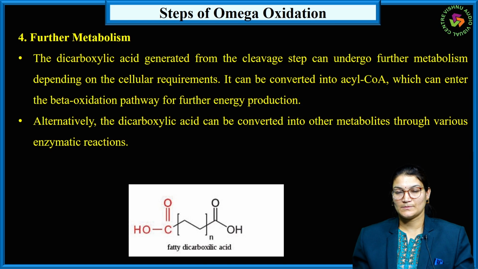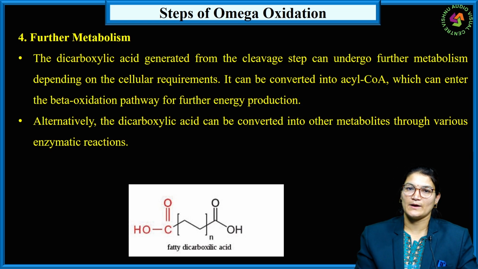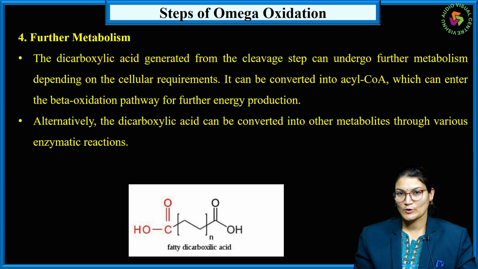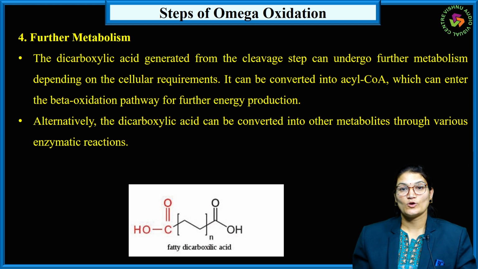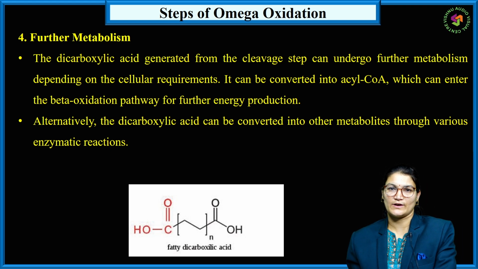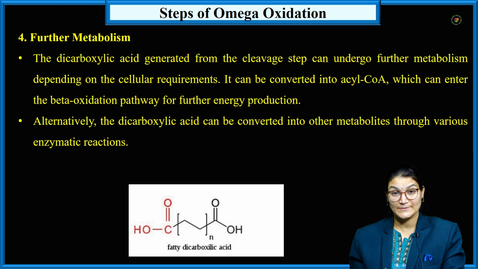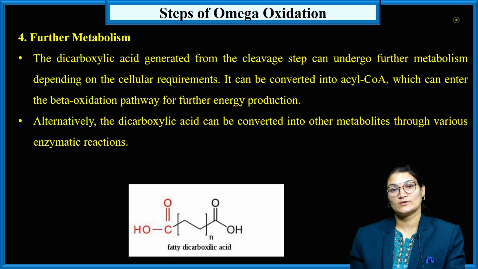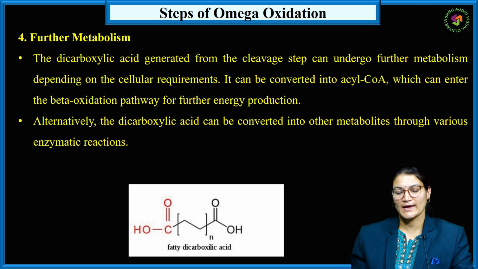So further metabolism occurs, where you will have as end products a fatty acid containing two carboxylic groups, as well as acetyl coenzyme A. The acetyl coenzyme A produced here is utilized for further energy, and it gets converted into fatty acids. It can be utilized in the Krebs cycle, as well as in further biological mechanisms.